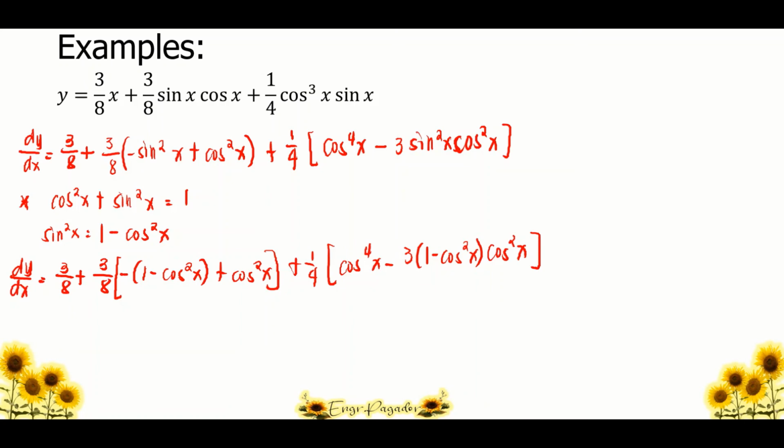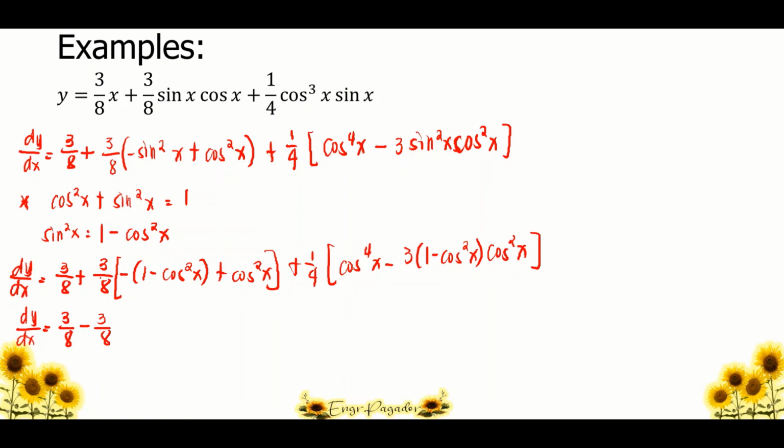So, let us further simplify. So, dy over dx will be equal to 3 over 8. Now, let us distribute. 3 over 8 times negative 1. Negative times positive will be negative, so negative 3 over 8.